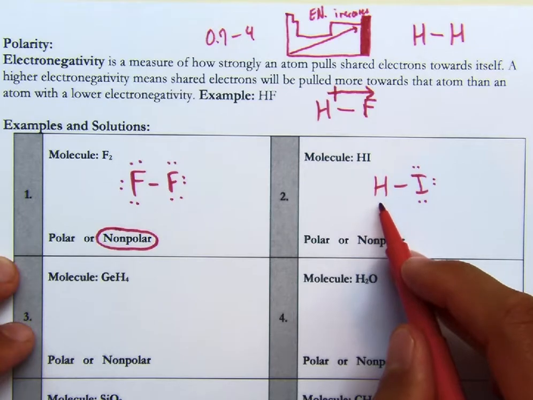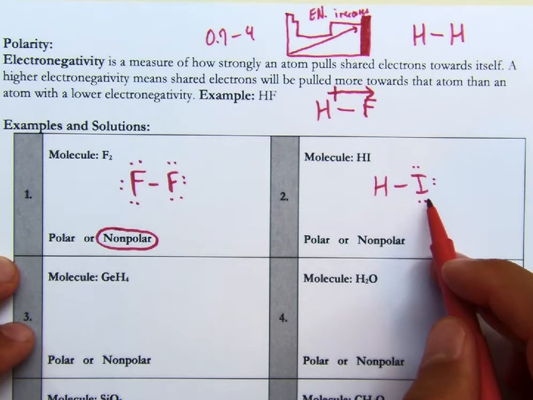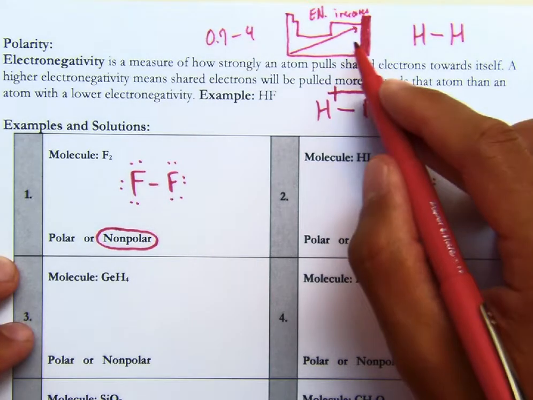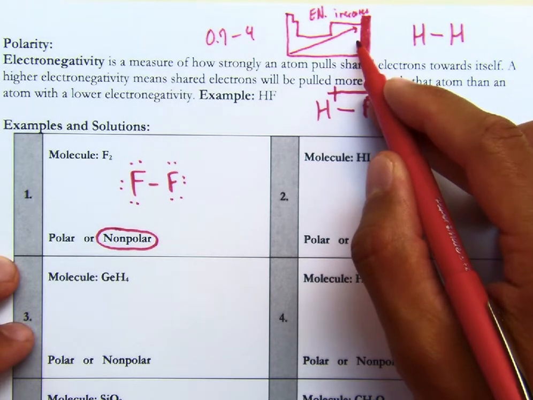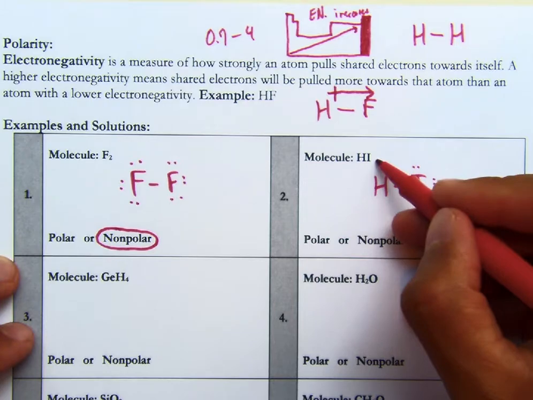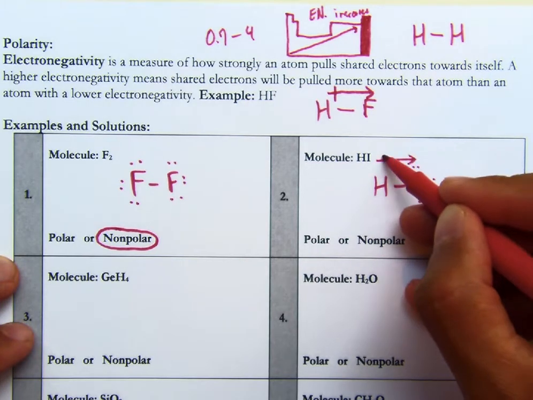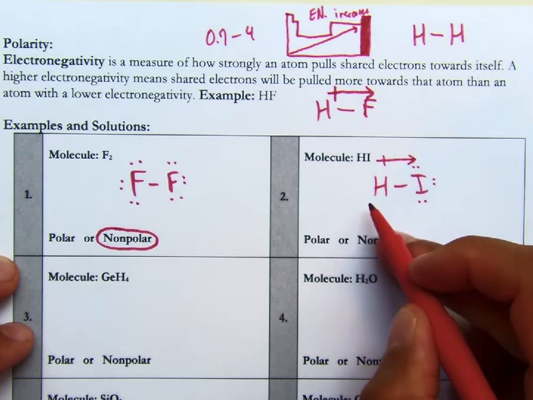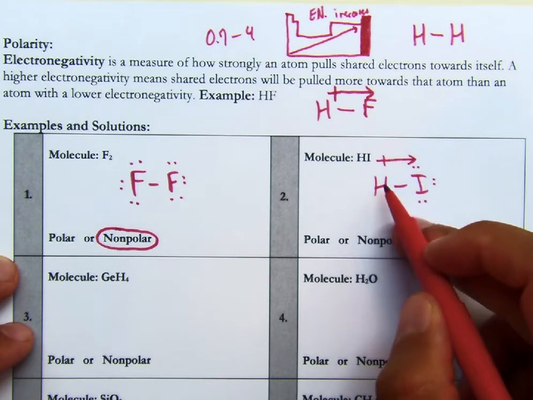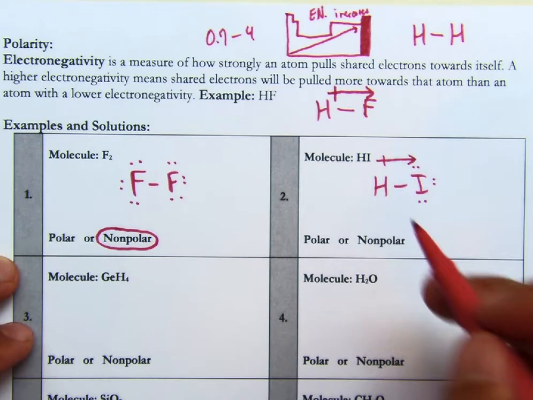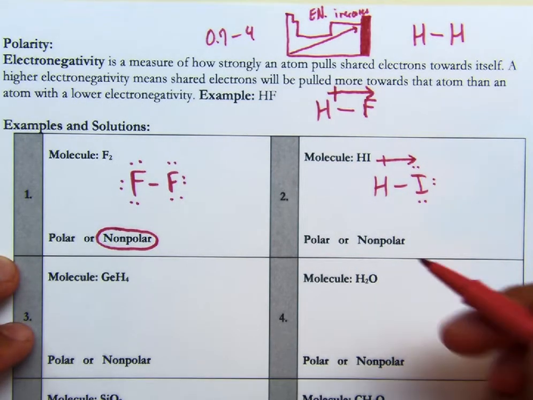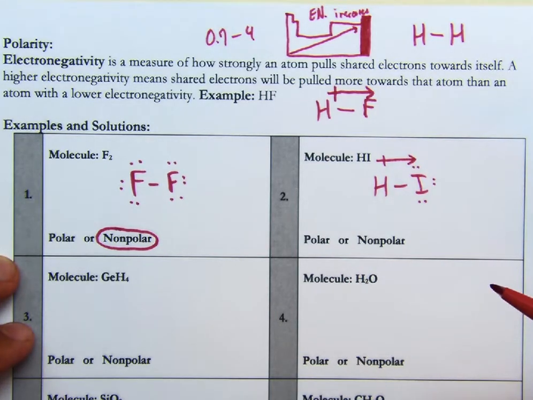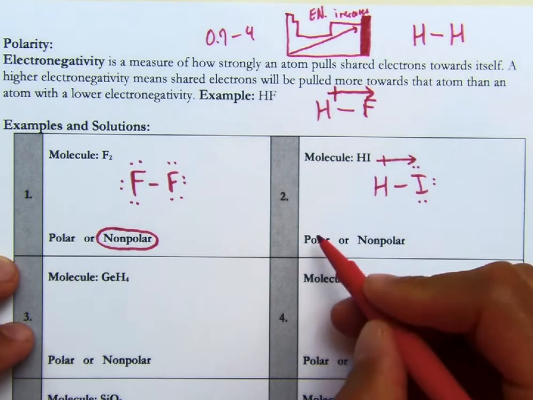Hydrogen is about a 2.1, and iodine is higher than that. Iodine's like right over here on the periodic table. So the electrons are going to be pulled more to this side. And you can see that just one side of this molecule is different than the other side. This side's going to be more negative. This side's going to be more positive. Asymmetry is a big part of polarity. If it's totally symmetrical and the same on all sides, it tends to be nonpolar. Whereas if you have asymmetry in the molecule, one side's different than another side, you tend to get some polarity.